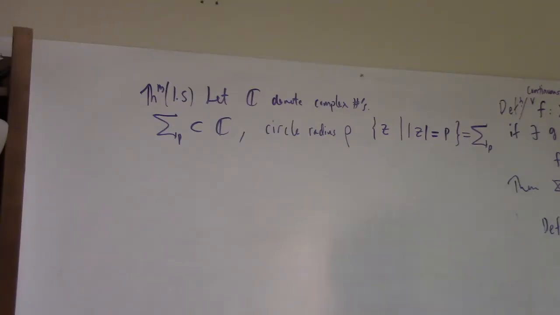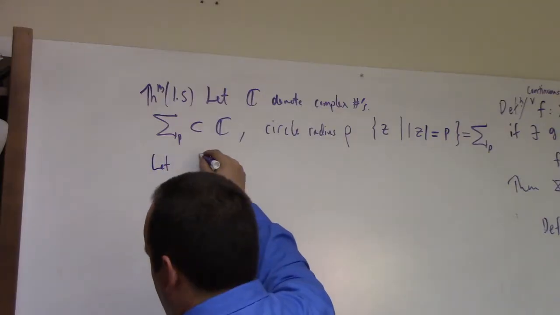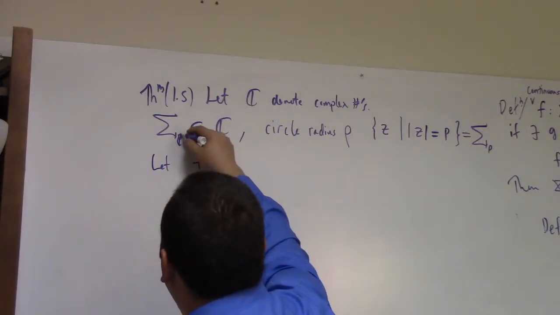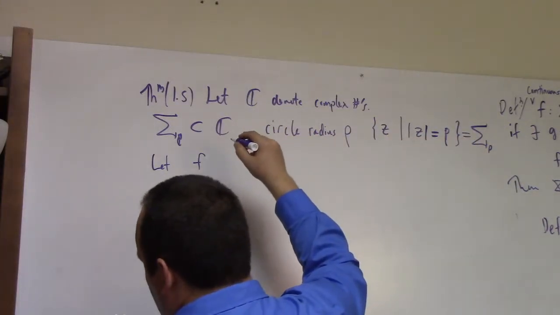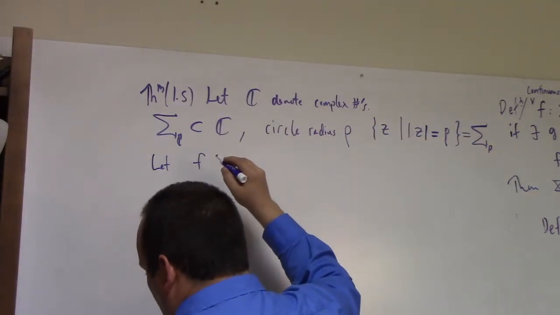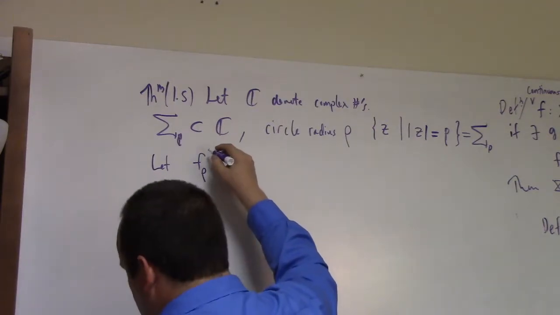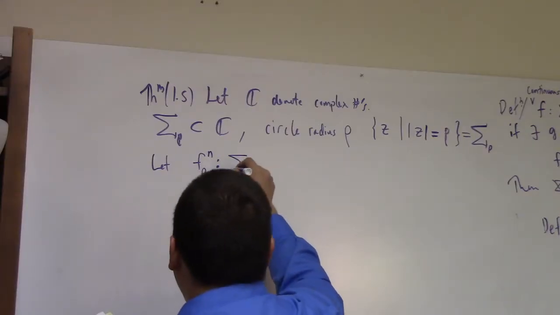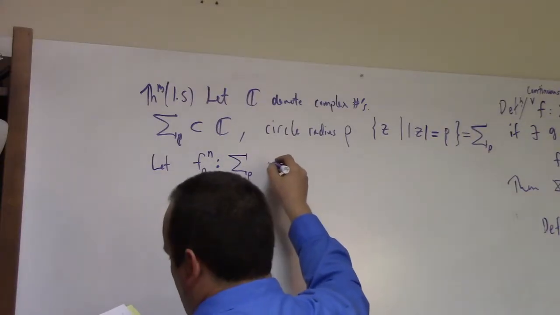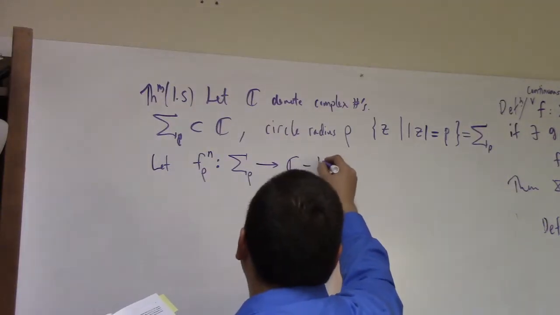Okay, and then it says let f sub rho upper n be a mapping from the circle of radius rho to the complex numbers without zero.